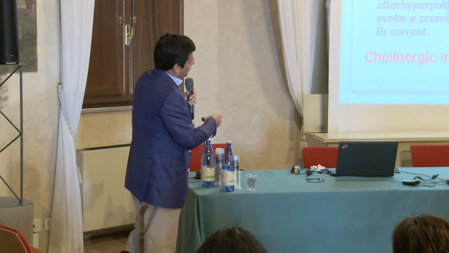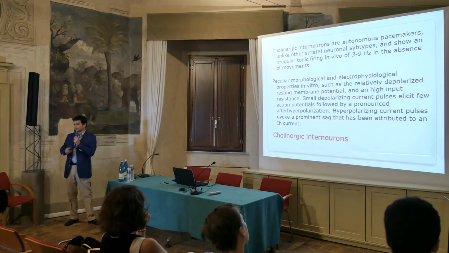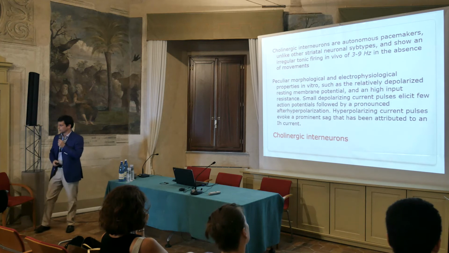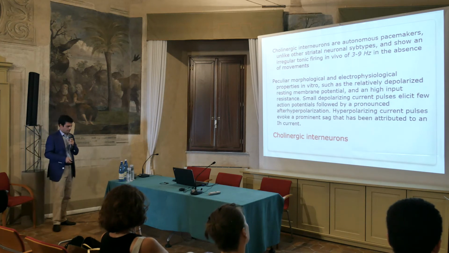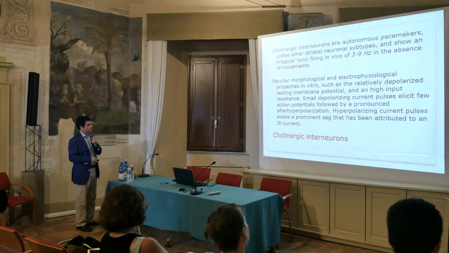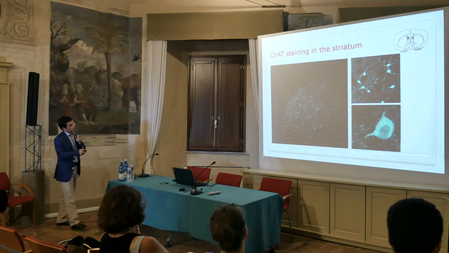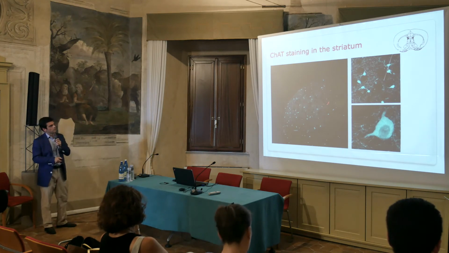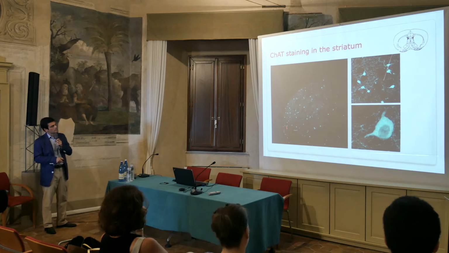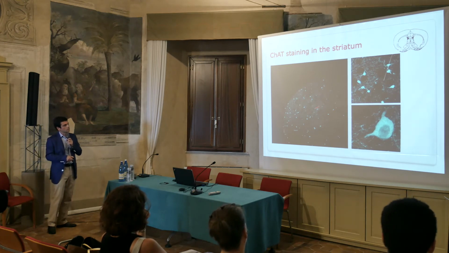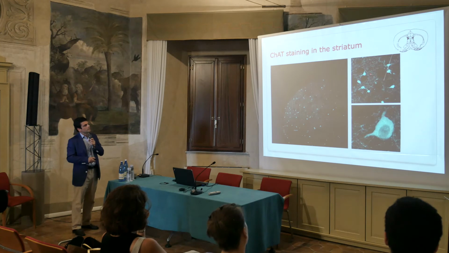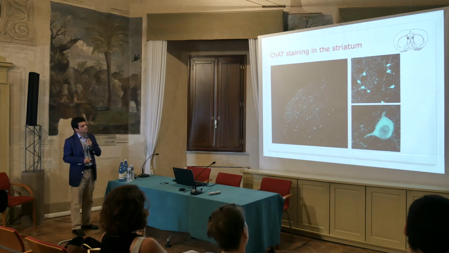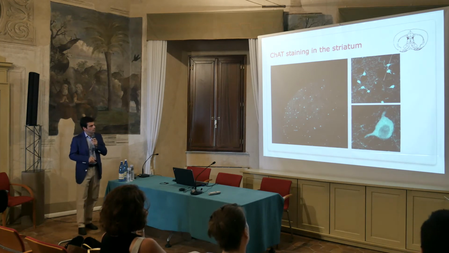And they have, of course, some peculiar electrophysiological properties. I won't go into this detail because otherwise you definitely fall asleep. But just to show you again the ChAT staining in the striatum, you see it's scattered throughout the striatum. So you see they are kind of sparse, but still they are most effective.